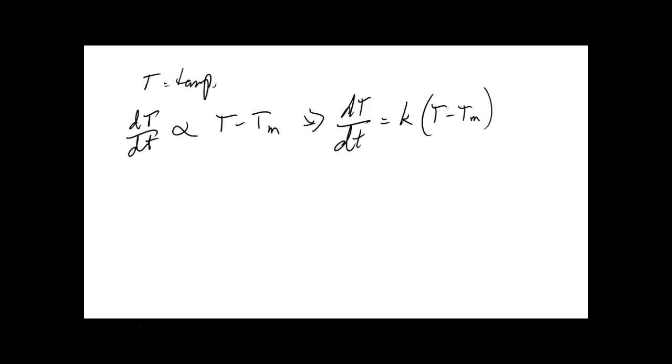Now, this T is the temperature at any time t. If that T is greater than Tm, then that k is negative, because it is going to be cooling.